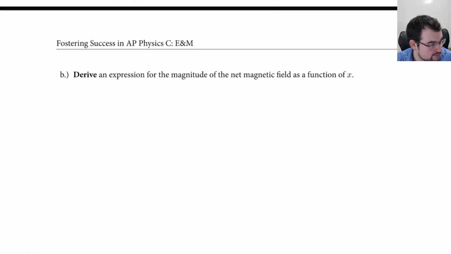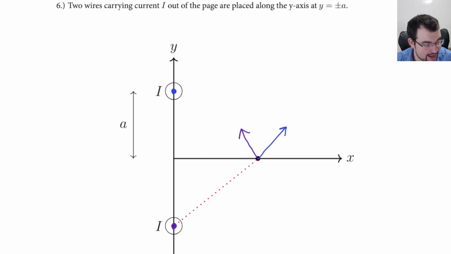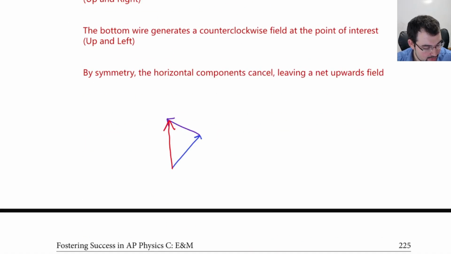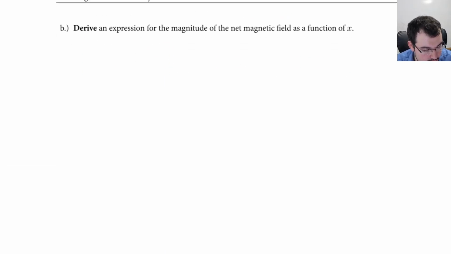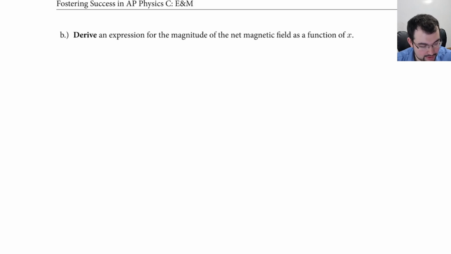So derive an expression for the net magnetic field as a function of x, this coordinate along the axis. Okay, so here's where we have to be a bit creative. So I'm going to redraw this. I'm just going to draw one of the wires, and we can just use some symmetry there.